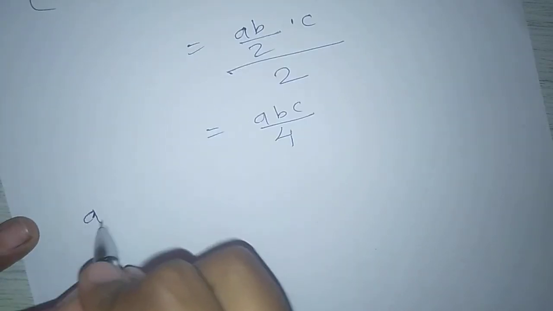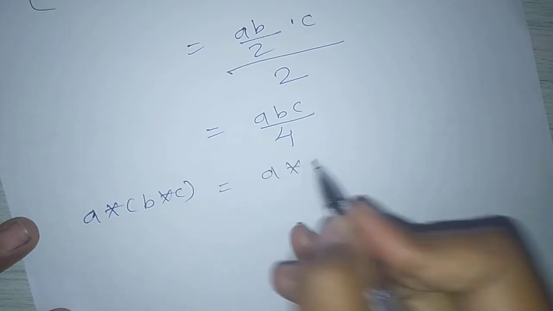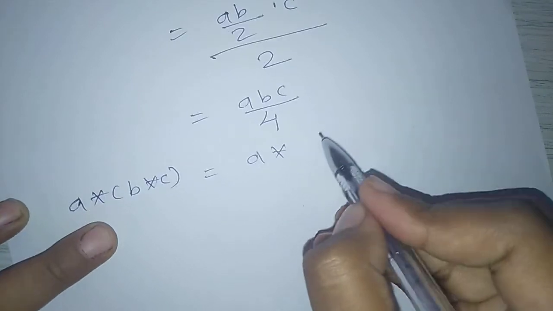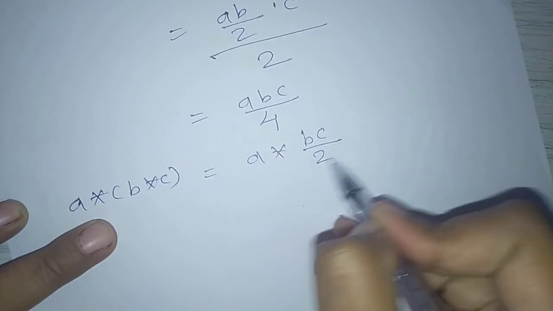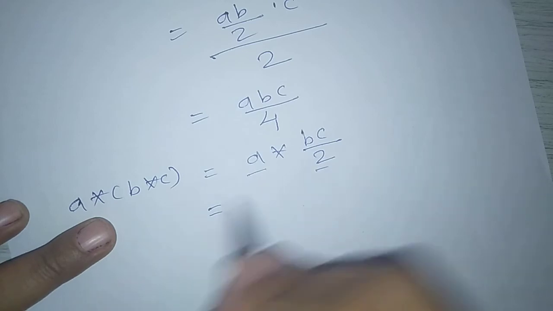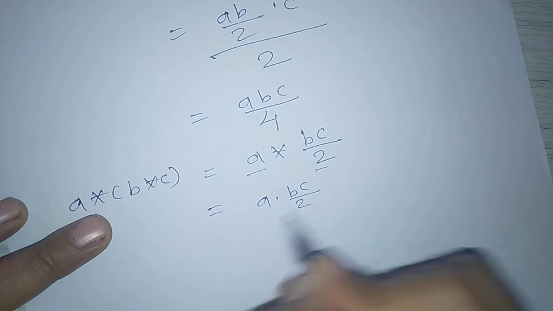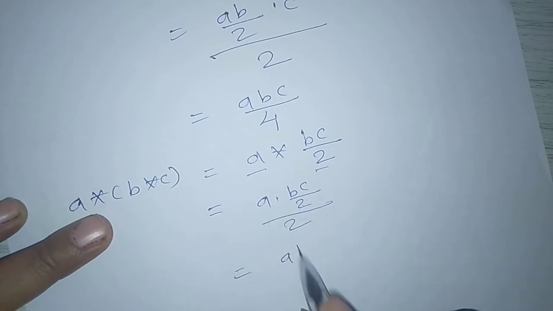Now to find A star of B star C, we get A star as it is, B star C by definition B into C upon 2, equal to, this is the first element, this is the second element, and by definition of star, A into BC upon 2, upon 2, we get ABC upon 4.